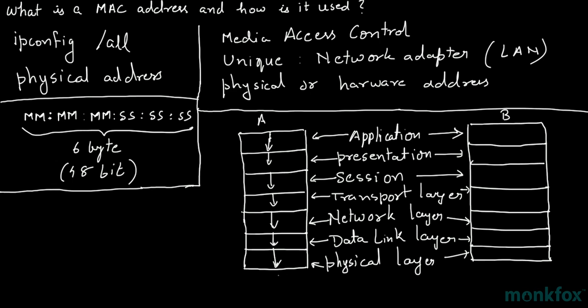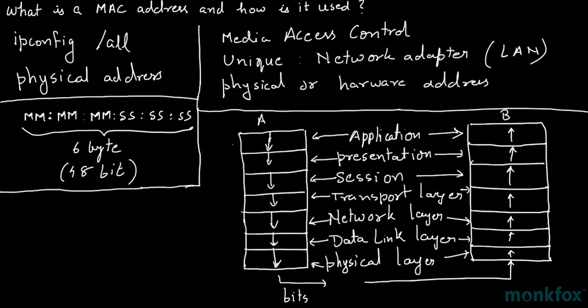At the physical layer, this data is converted into bits or binary form, and it is transported over the network to the physical layer of B. Here the data again starts its upward journey through the physical layer, then the data link, network, transport, session, presentation, and application.